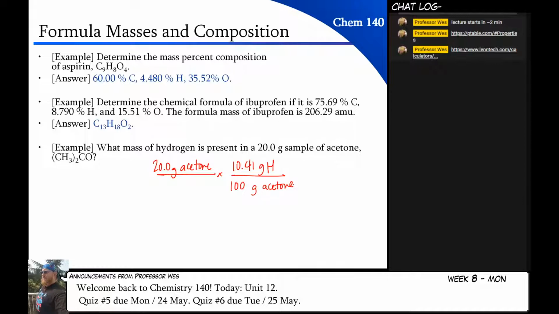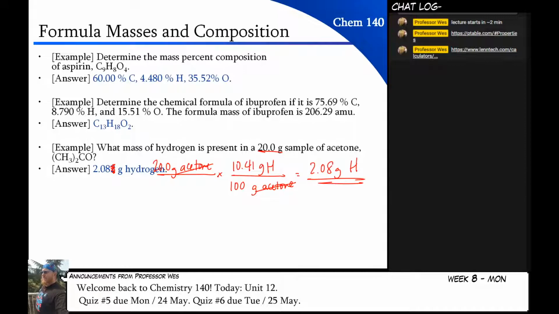Right? Because what 10.41% means is that in 100 grams of this stuff, 10.41 grams of it is hydrogen. Those units cancel out. And we just punch in the calculator. 20 times 10.41%. And I get 2.08 grams of hydrogen. That shouldn't have this extra sig fig there because I only had 3 right here.